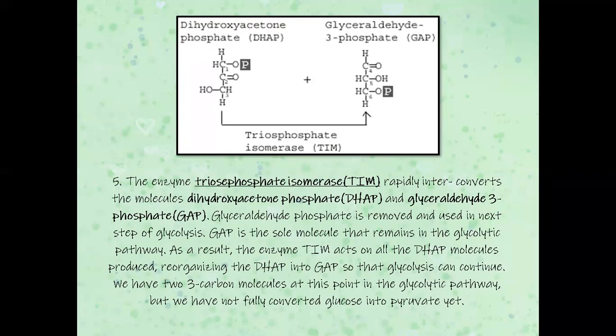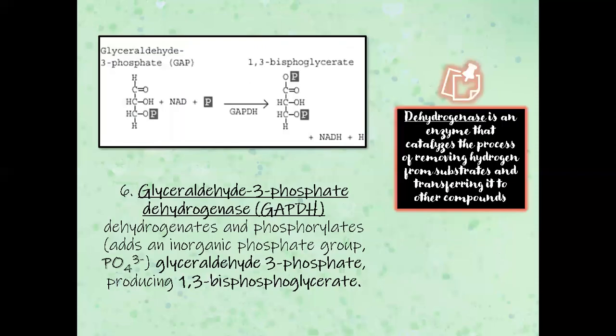As a result, the enzyme TIM acts on all the DHAP molecules produced, reorganizing the DHAP into GAP so that glycolysis can continue. We have two 3-carbon molecules at this point in the glycolytic pathway, but we have not fully converted glucose into pyruvate yet.